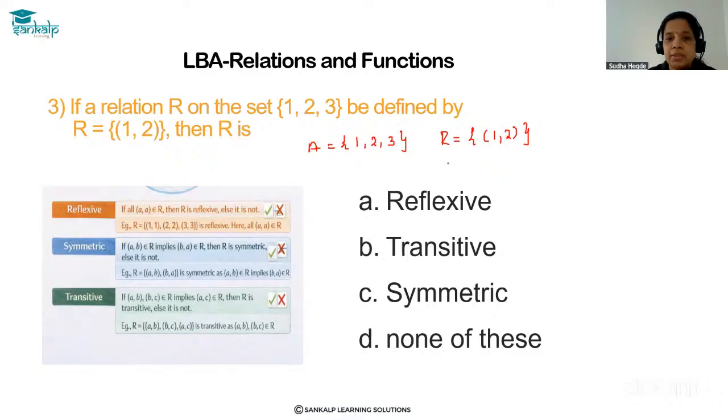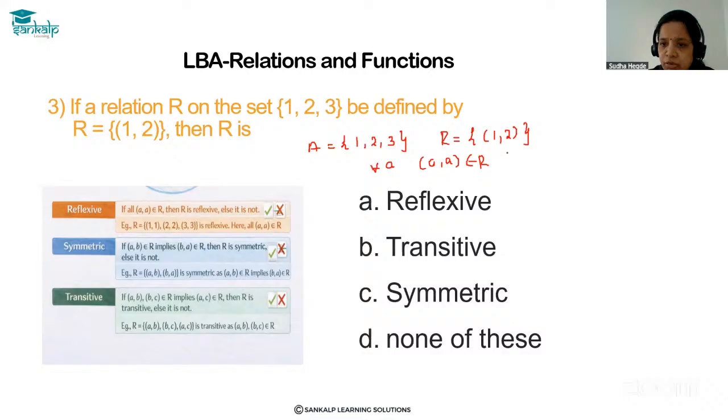For R to be reflexive, for all a belongs to A, (a, a) belongs to R. That is the definition. Here a can be 1, 2, 3.